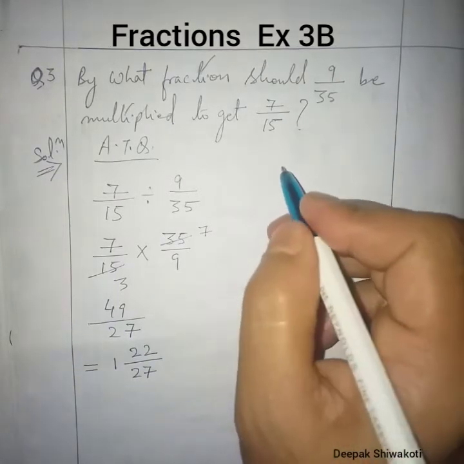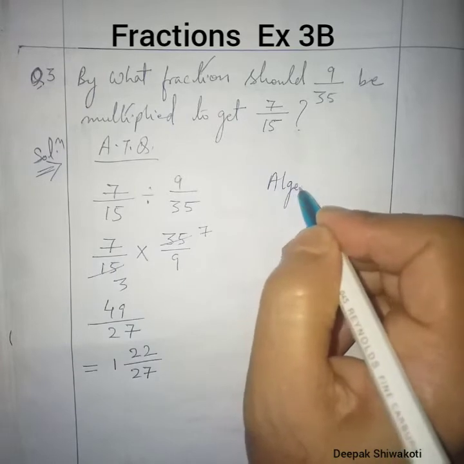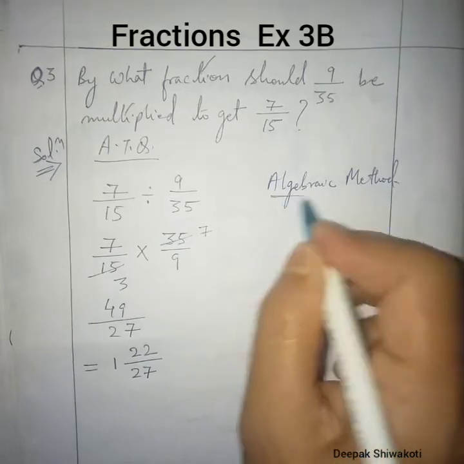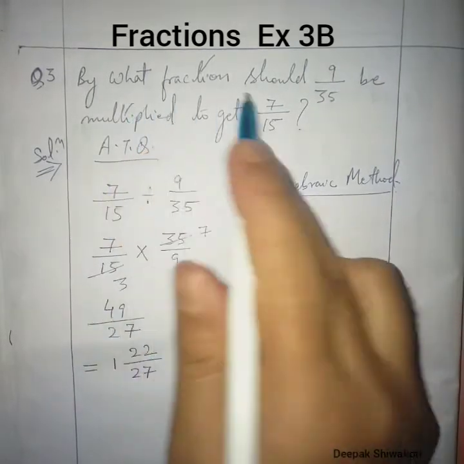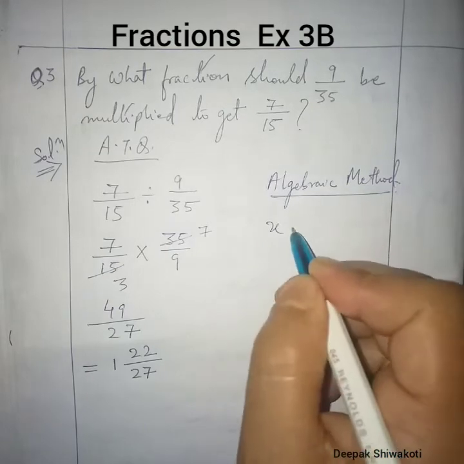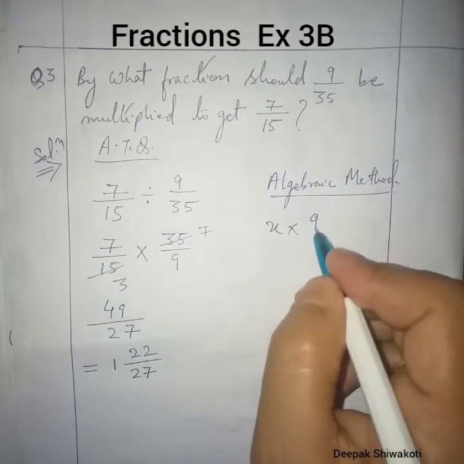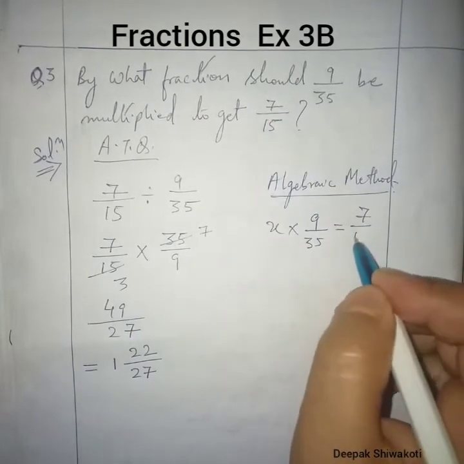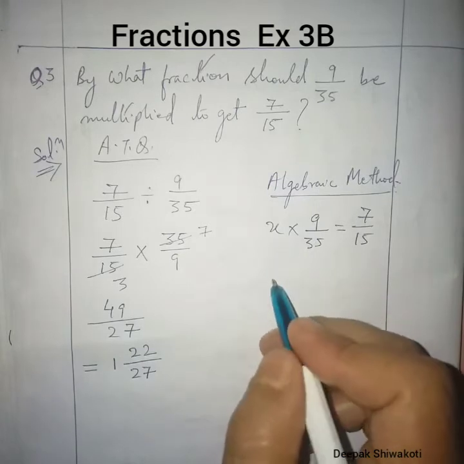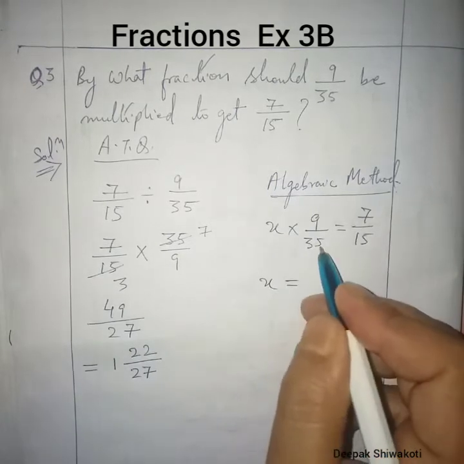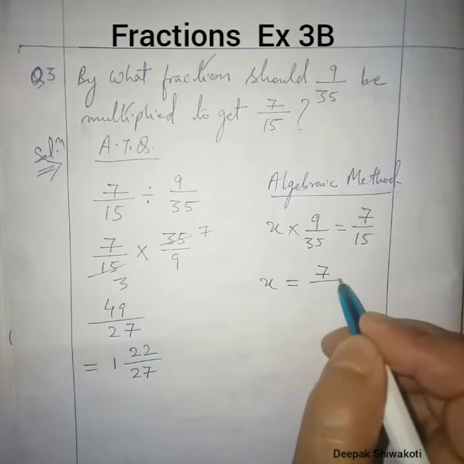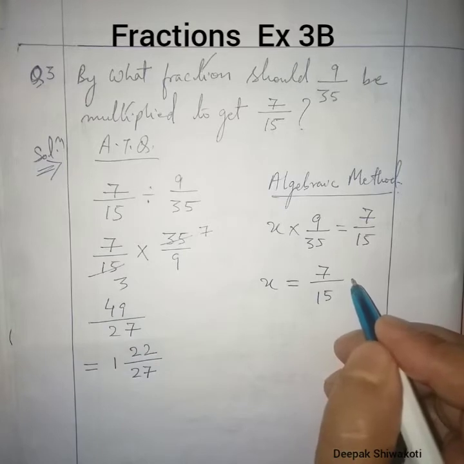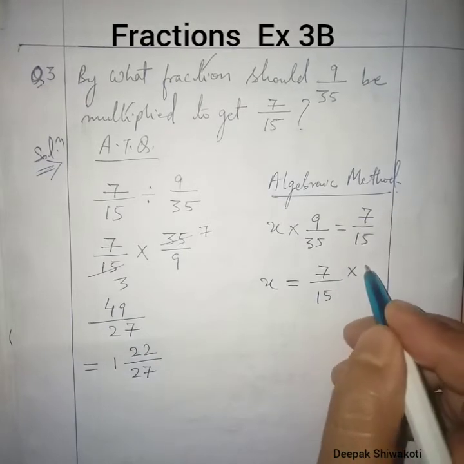Now in the algebraic method, what we can do: by what fraction, let that fraction be x, multiplied by 9 by 35 to get 7 by 15. So we have to find this x. It will remain here, this 35 will go here, it is in the denominator, while it goes to the other side of the equal to sign, then it will go to the numerator.